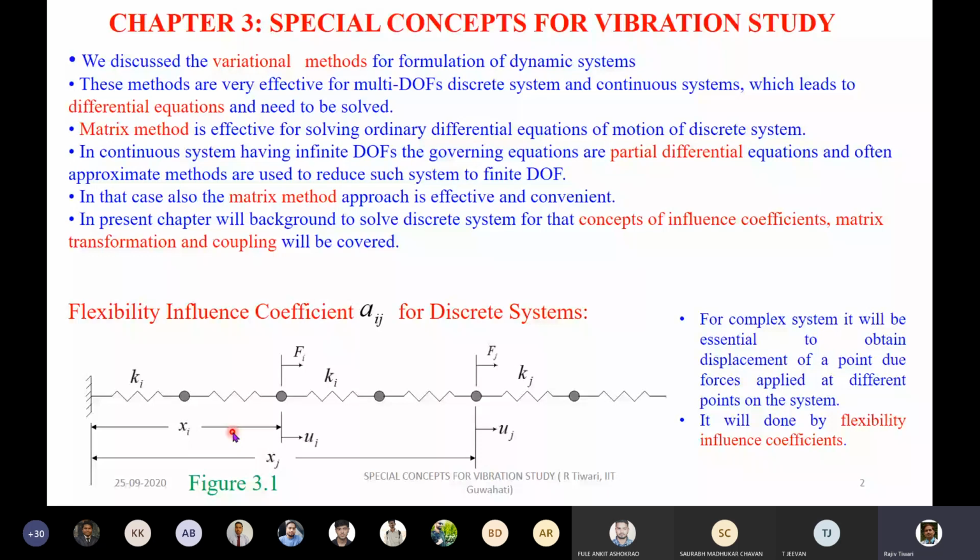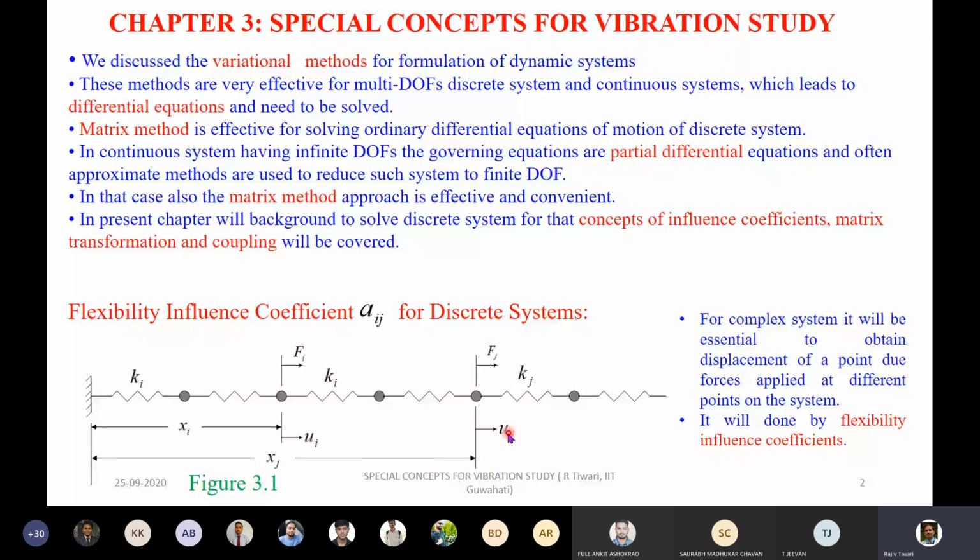The force Fi is applied at the ith mass. Similarly, let us consider another mass, the jth mass, in which also there is a force, and the corresponding position is xj and the corresponding displacement is uj.